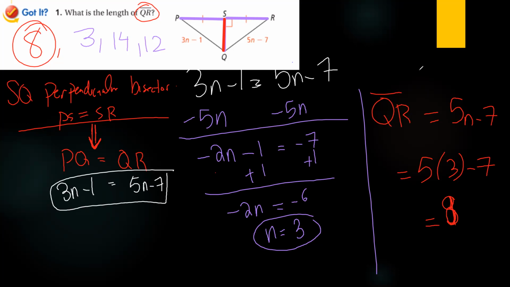So the length of QR will be 8. And the length of PQ must be 8 too. Is it clear? Yes, teacher. Clear.